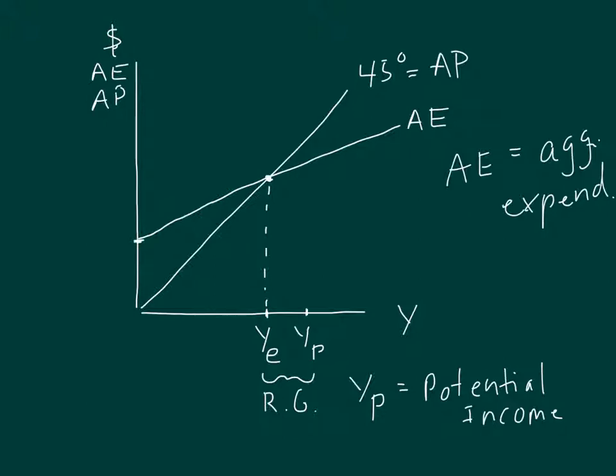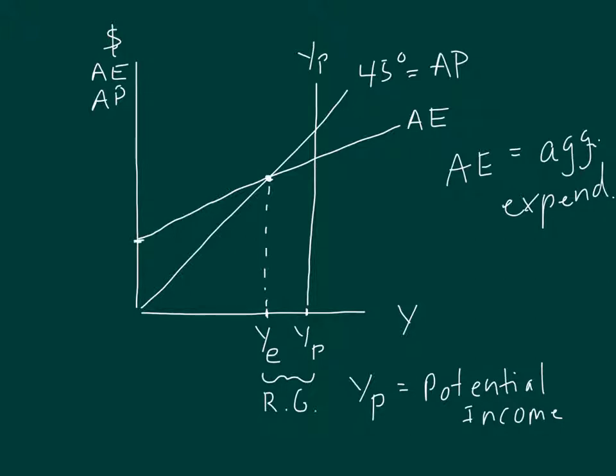Since this Y is actually a dollar value, if we took the YP value in dollars and subtracted the YE value, we would get a dollar amount for the recessionary gap. So if we simply draw a vertical line at YP, and I'll label this YP, it's going to feel very much like the long-run aggregate supply curve from our prior aggregate supply and aggregate demand diagram.